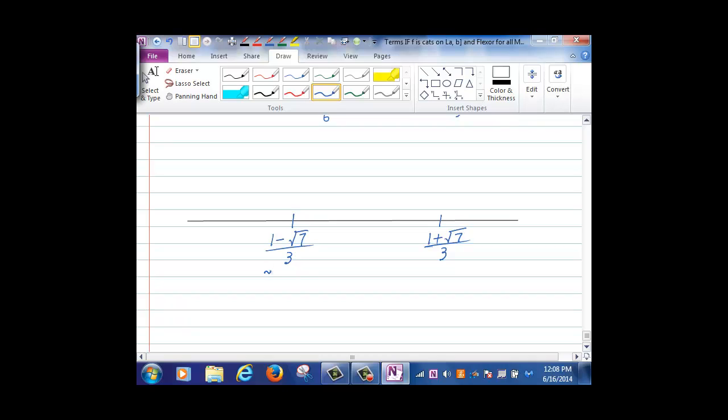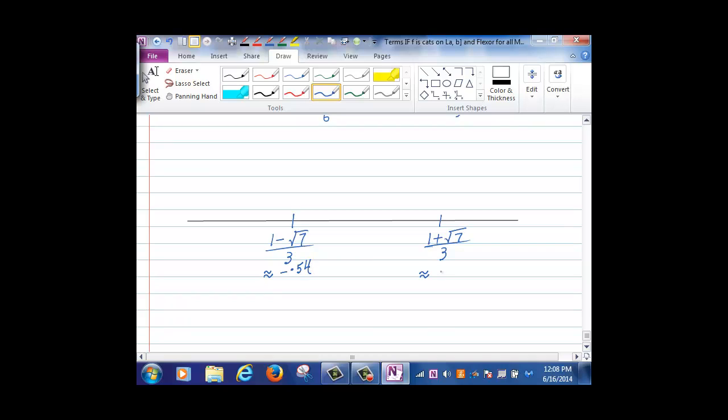This one would be approximately what? 0.88? So this one would be negative 0.88? Oh wait, hold on. So which one is 0.88? Negative 0.54.